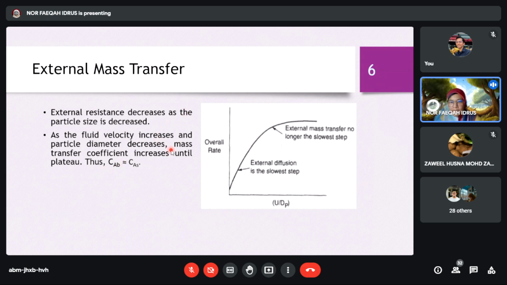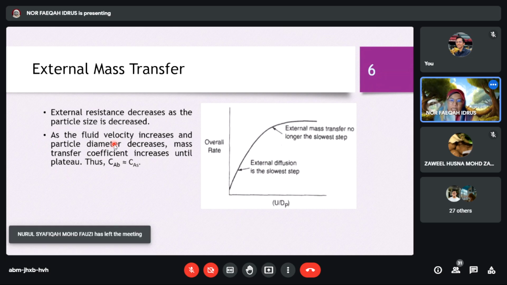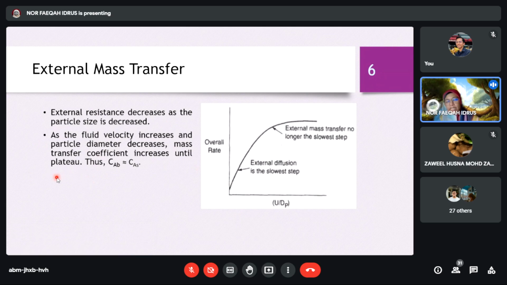Then as the fluid velocity increases and the particle diameter decreases, the mass transfer coefficient increases until plateau. So if we use high velocity, if we use small diameter of catalyst, we can increase the fluid velocity and at the same time increase the mass transfer coefficient for the diffusion of reactant to the external surface of catalyst. So until plateau ni, until dia macam equilibrium lah, until reach equilibrium.